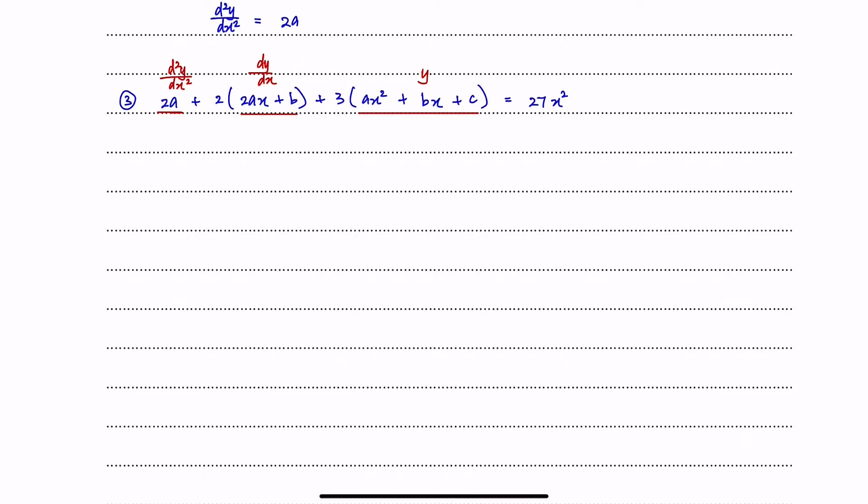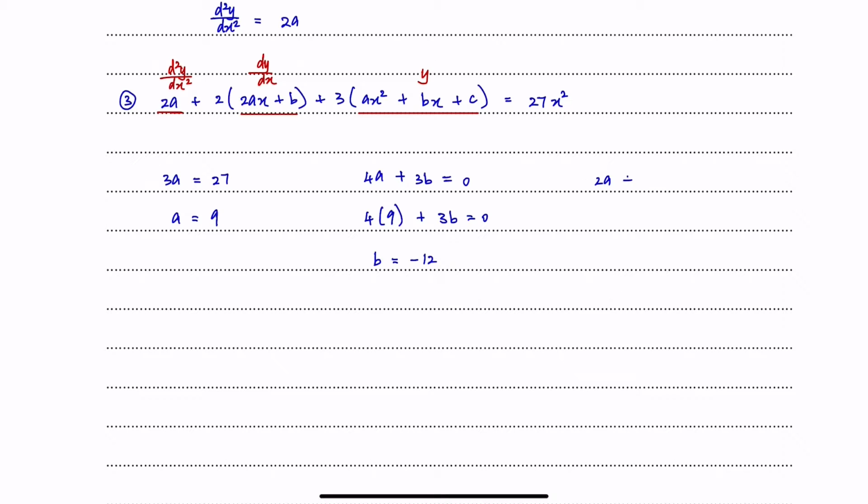So the coefficient of x squared is 3a equals 27, and we get a equals 9. Now we can find b. So the coefficient of x is 4a plus 3b equals 0. And a is 9, so b is negative 12 in this case. And now we compare the constants.